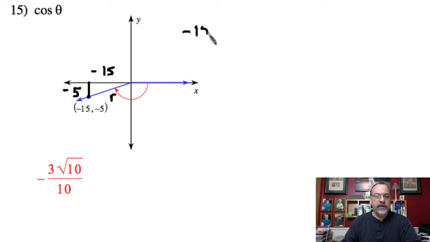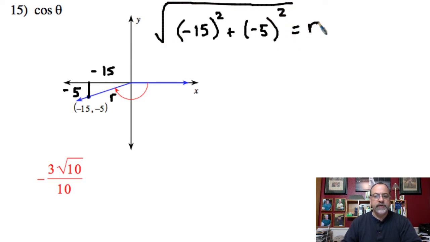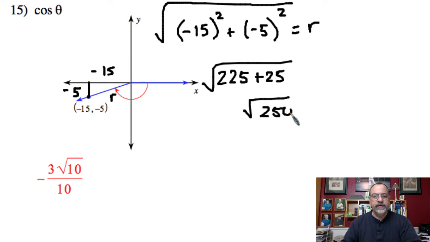So I'll use Pythagorean theorem. So negative 15 squared plus negative 5 squared, and if I take the square root of that, that's going to be r. So 15 squared is 225, and negative 5 squared is 25. So I'm looking for the square root of 250. Well, that's pretty tricky.